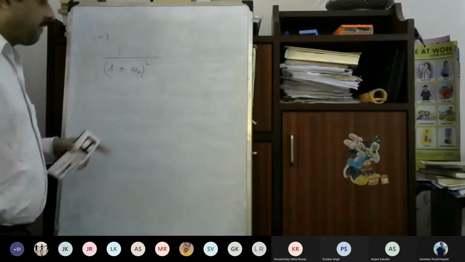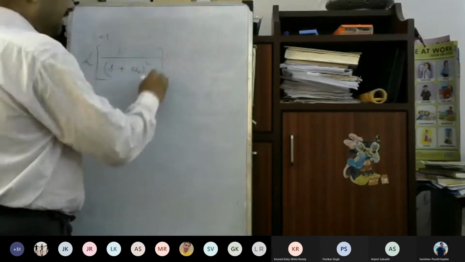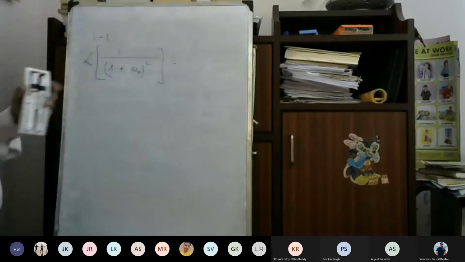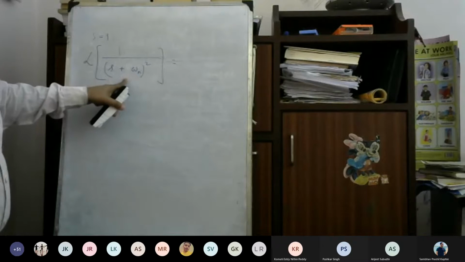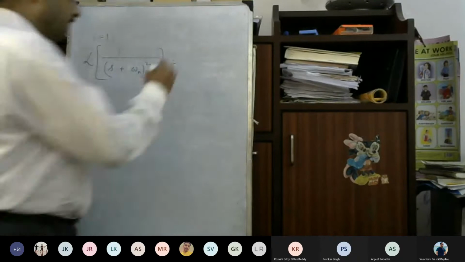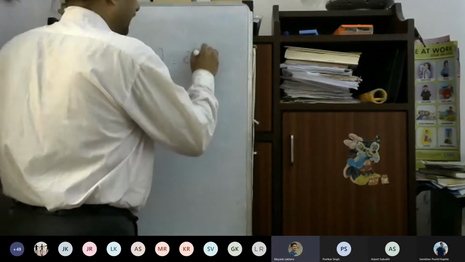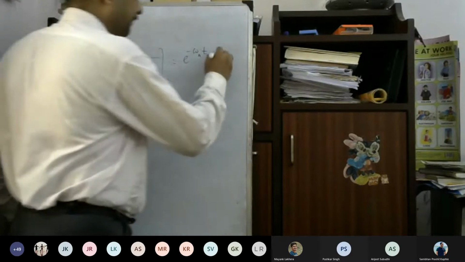And you know of this form, what will be the inverse Laplace transform of this one? What will be the response? It will be t e to the power minus omega n t, into t.